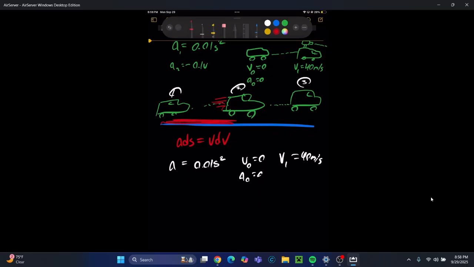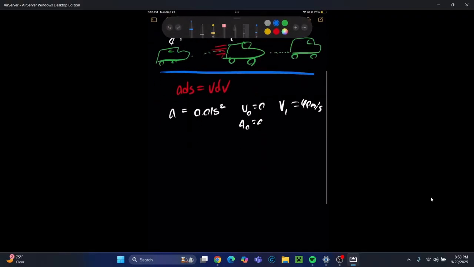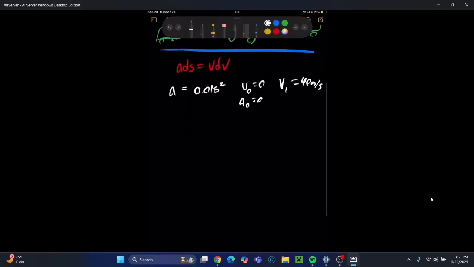We have our red process and our gold process, but to find the blue one, we need to add them together because we don't know that.